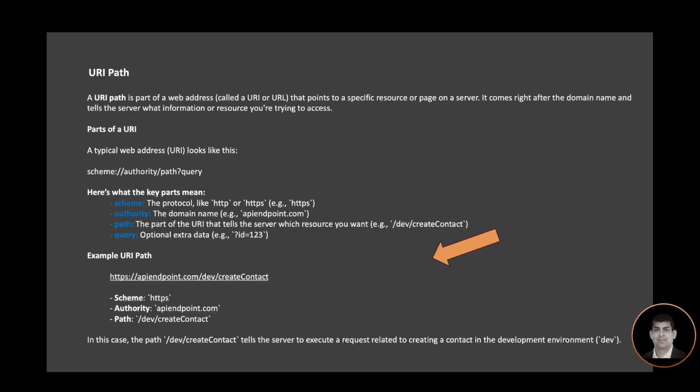An example is the scheme, in this case HTTPS, then api-endpoint.com, which could be whatever domain or API address we are providing, then a slash and the resource path, like dev/create-contact. And if there is a GET related request, then there can be an optional query parameter where we provide the query string. So that's a typical URI path. I wanted to show an example of it.